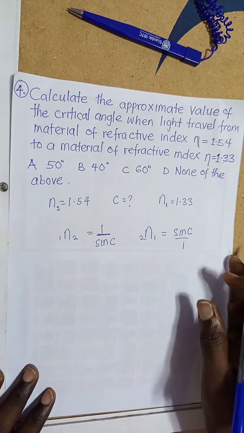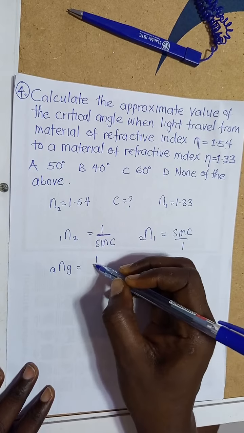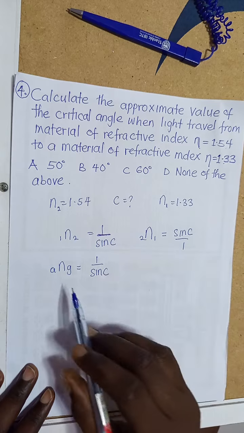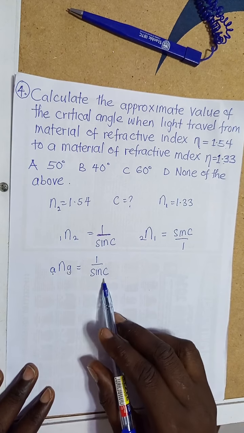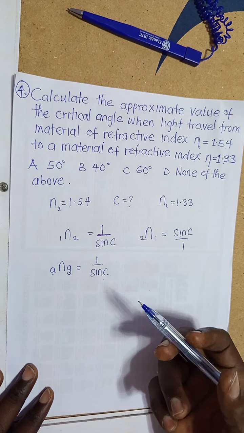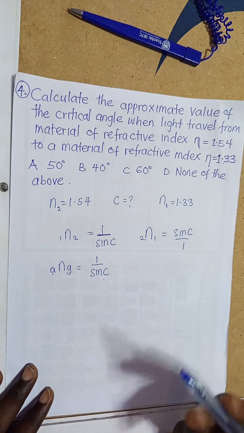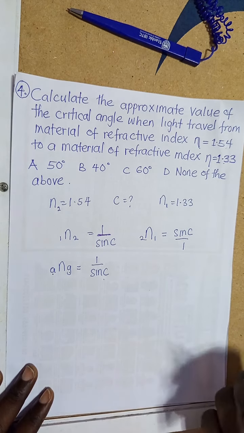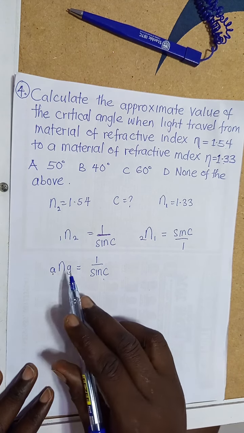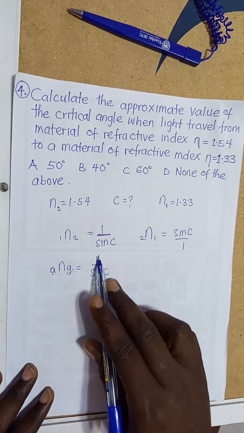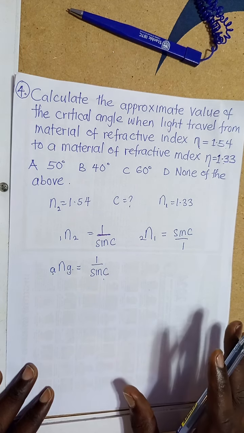Please don't forget that when light travels from air to glass, it is equal to 1 over sine C. That means from a less dense medium to a denser medium is 1 over sine C. How do you know a denser medium? A denser medium is a medium with higher refractive index, while a less dense medium has lesser refractive index. Air has a lesser refractive index. So if I move from glass to air, I will have the critical angle in the glass to be sine C. As simple as that.